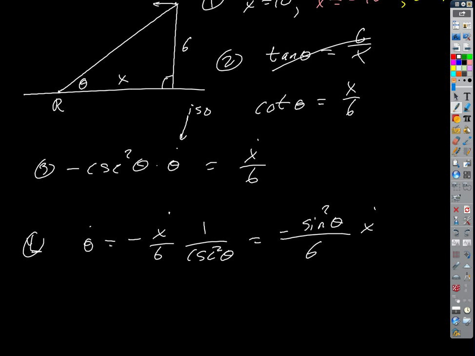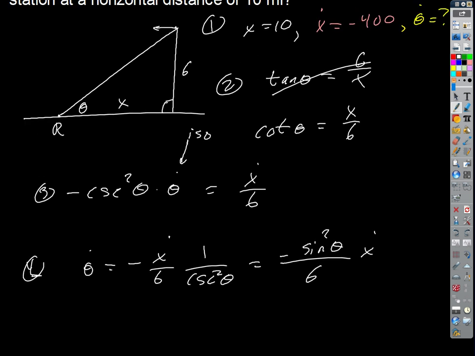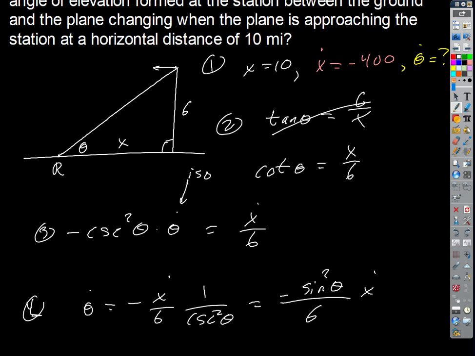Okay, so what's the problem with my answer here? I don't know theta, right? So what are my options? I could solve for theta in my snapshot. We're taking the situation where x is 10, and so we could define theta as the arctangent of 6/10, okay?